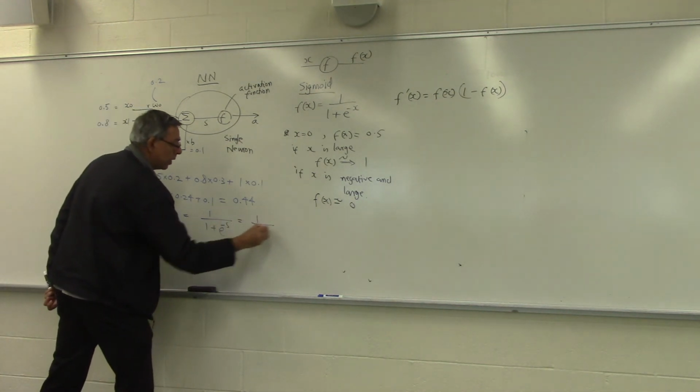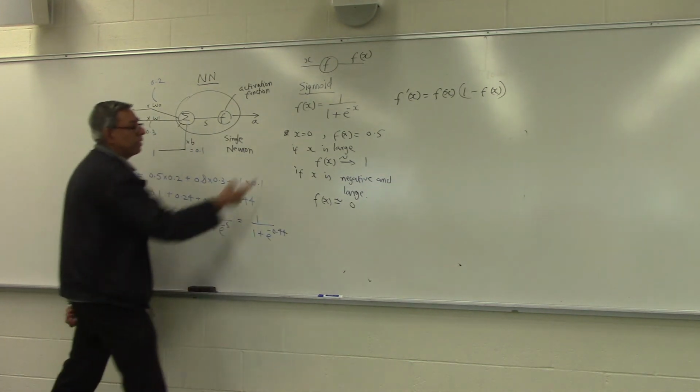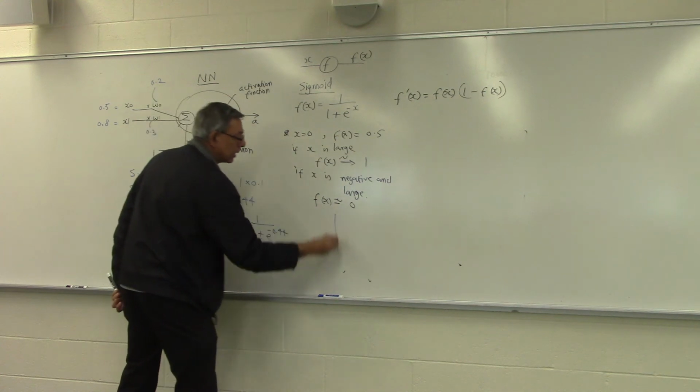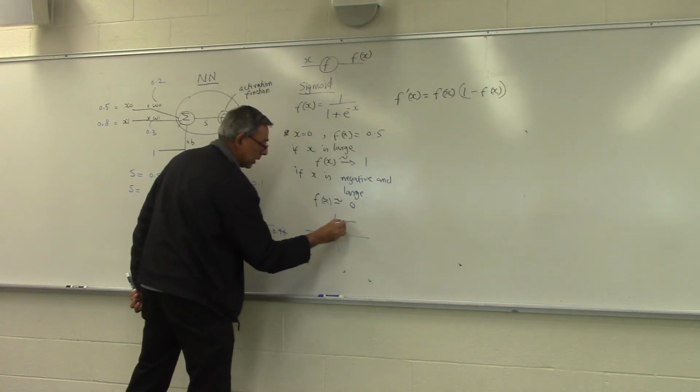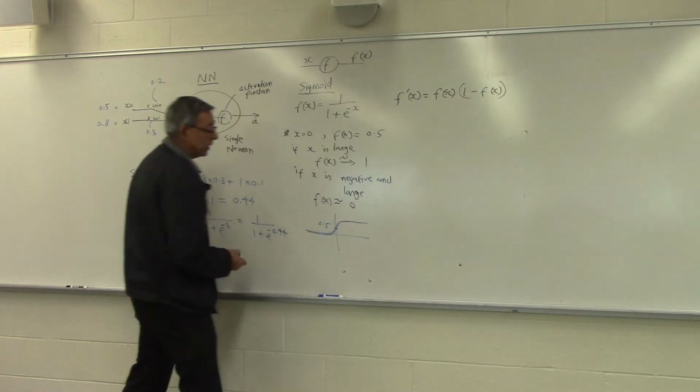So this will be 1 over 1 plus e to the minus 0.44. If we try to plot this, you'll see the sigmoid looks like this. Right at 0.5 it passes.